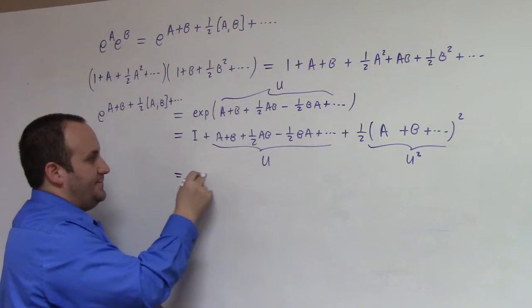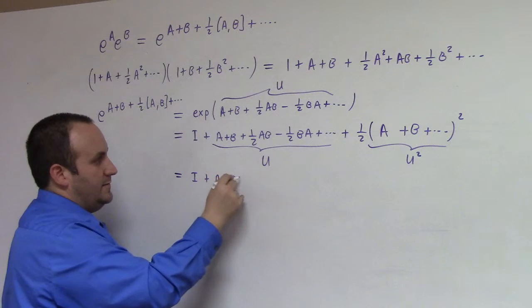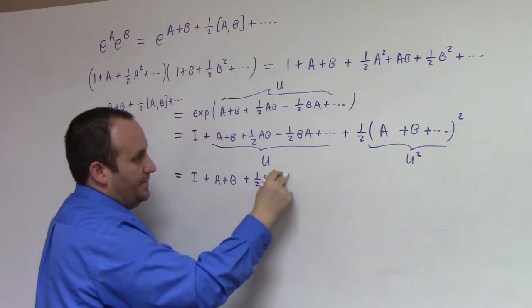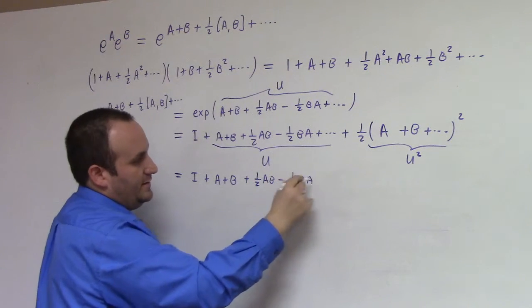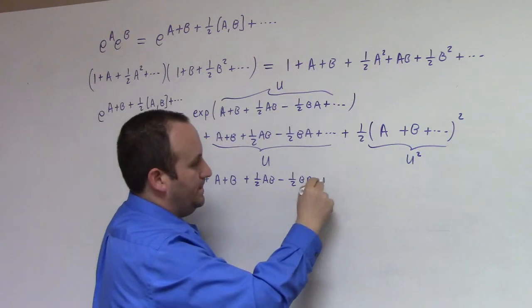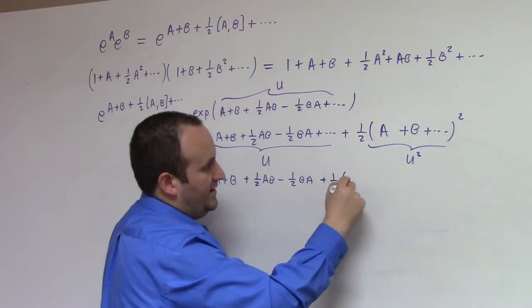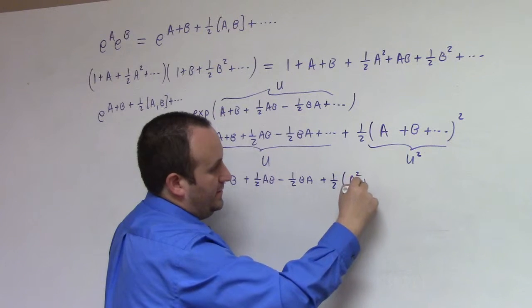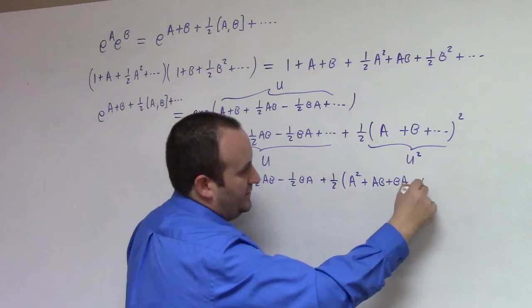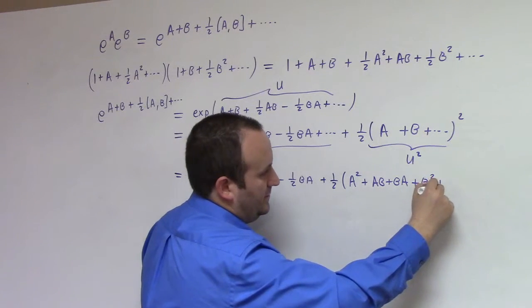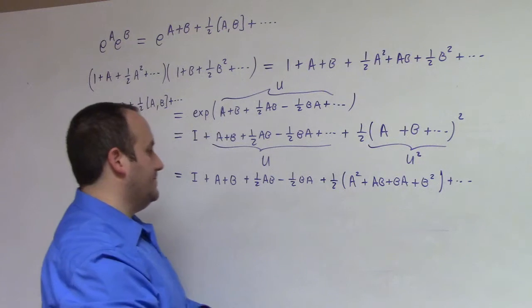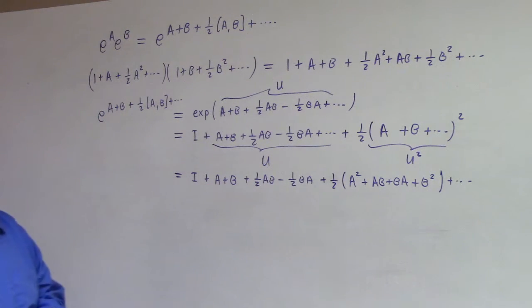So you got I plus A plus B plus 1/2 AB minus 1/2 BA. And then that gives me what? You got yourself an A squared plus AB plus BA plus B squared, and then stuff we don't care about. There it is, all of it up to quadratic order.